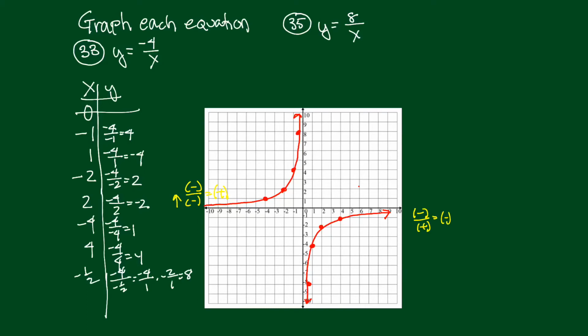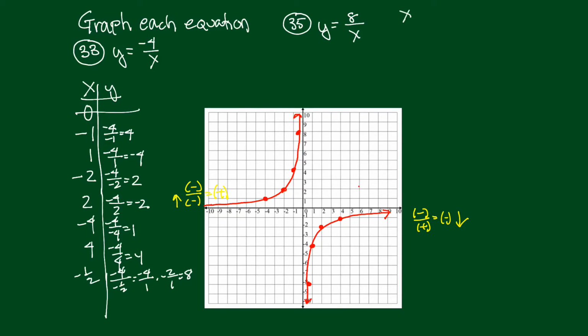So as x gets bigger and bigger, I'll get negative 4 over positive, which is negative. But negative means that the curve is always below the axis. So the curve is always going to be below that x-axis. So we've got a pretty good graph now of y equals negative 4 over x.